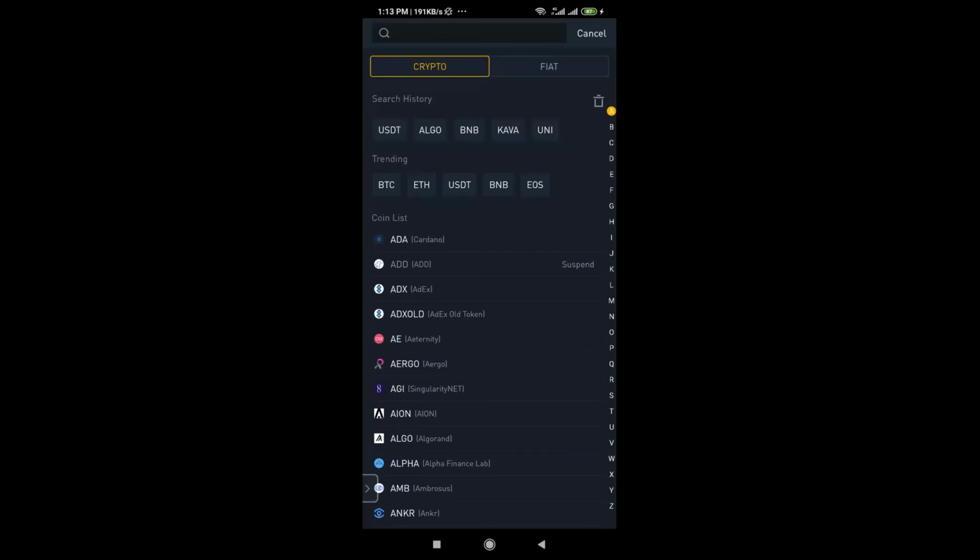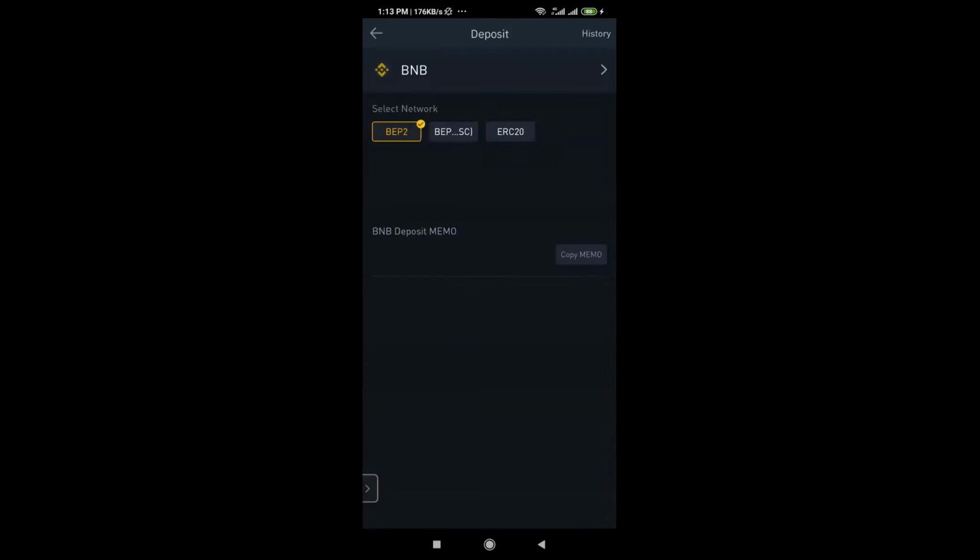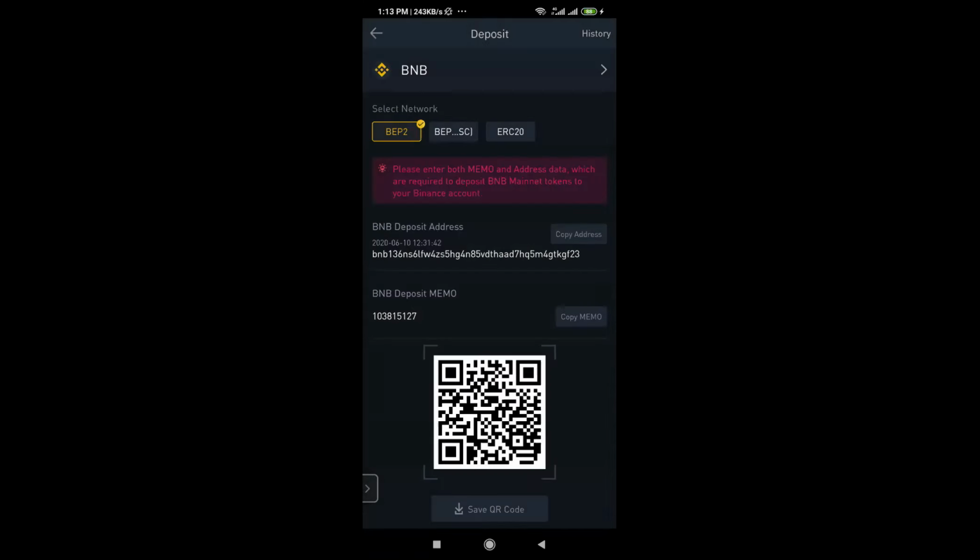Alright, so I click on deposit, right? Now I go to fiat. So we have crypto and we have fiat. If let's say I wanted to send BNB from the Trust Wallet here, that's if I wanted to send cryptocurrency, I'll come to BNB and just click on what blockchain. Remember this guy asked how different blockchains are.